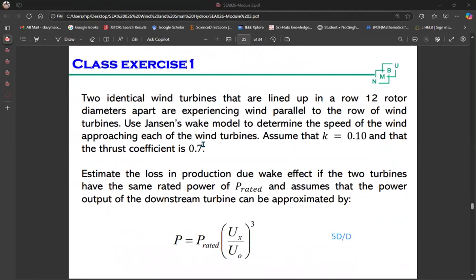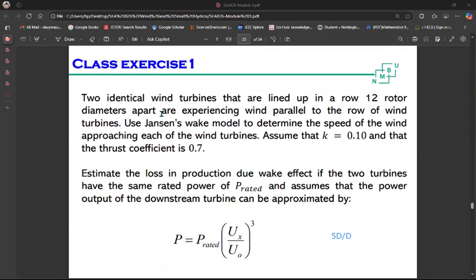This is exercise 1. So just go through the question. Maybe 1 minute is enough, and then we shall do it together.